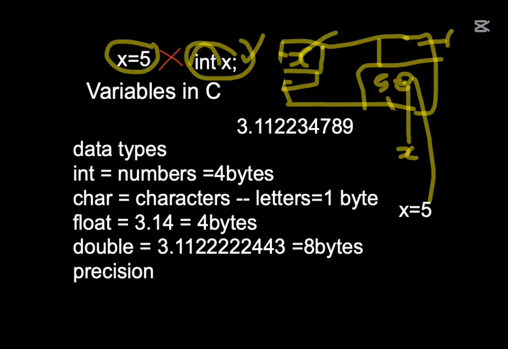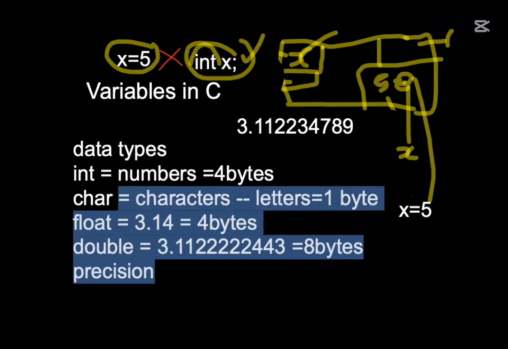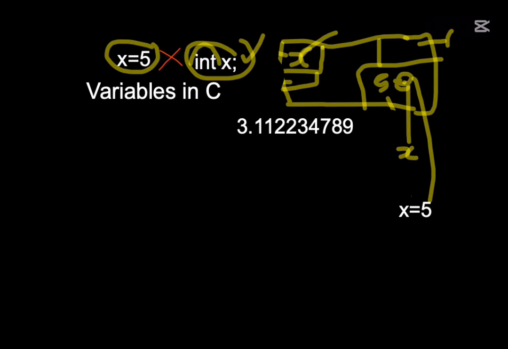It's going to look over the memory, find a space called X because you've already booked it, then store 5 inside. So a variable is just a place where you store values. It's a place where you store data. That's how a variable works.